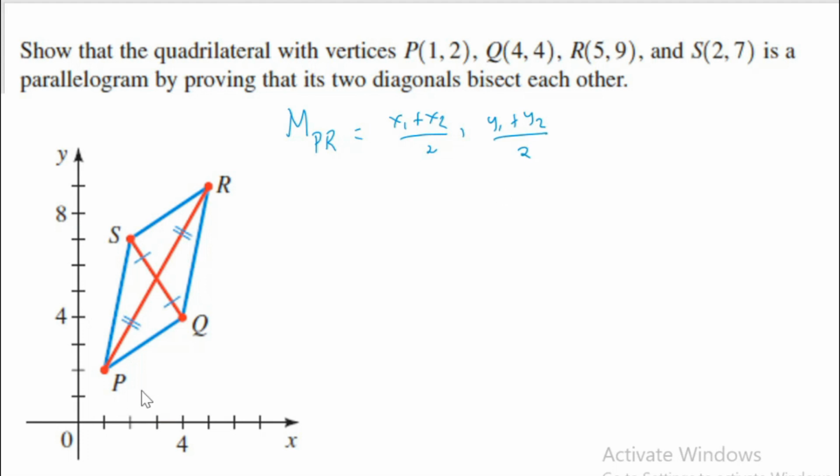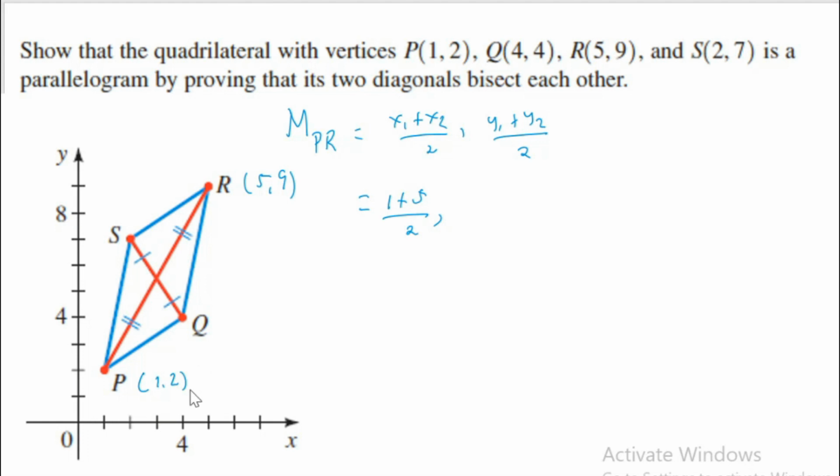So we know that point P has coordinates 1, 2, and point R has coordinates 5, 9. So we can let x sub 1 be 1 and x sub 2 be 5. It follows that y sub 1 is 2 and y sub 2 is 9. So by substitution, we can write x sub 1, which is 1, plus x sub 2, which is 5, over 2.